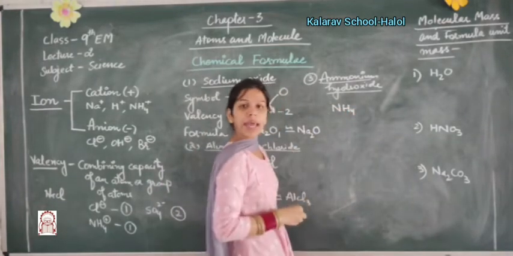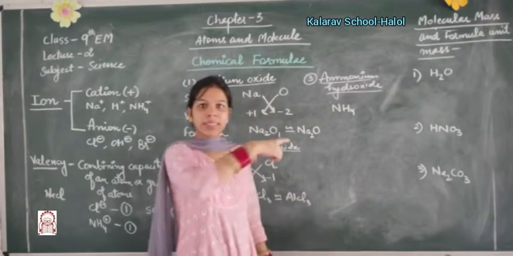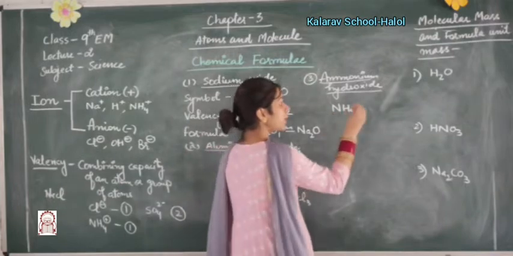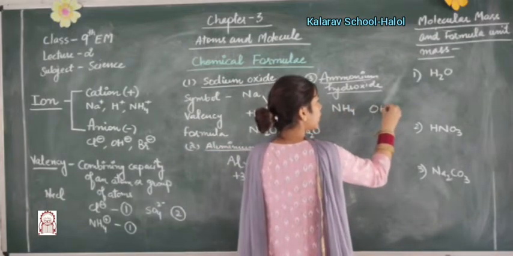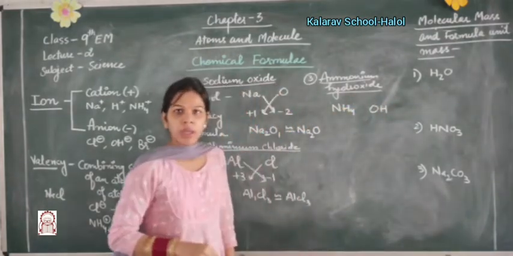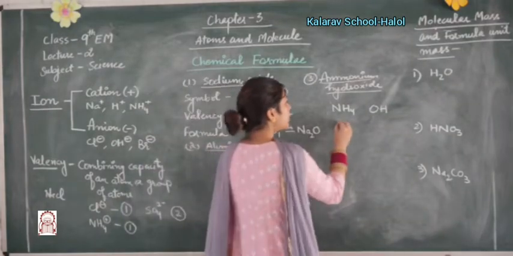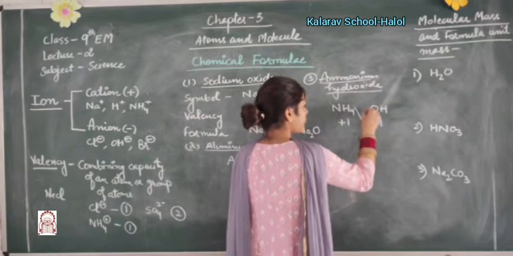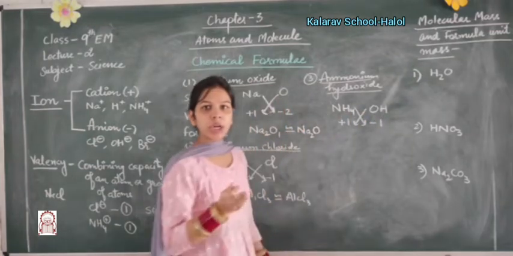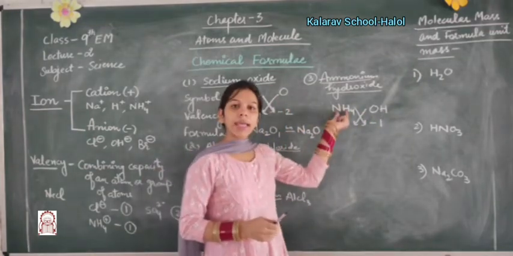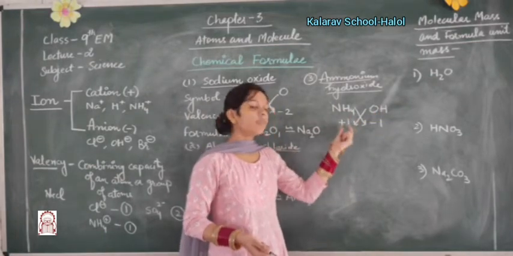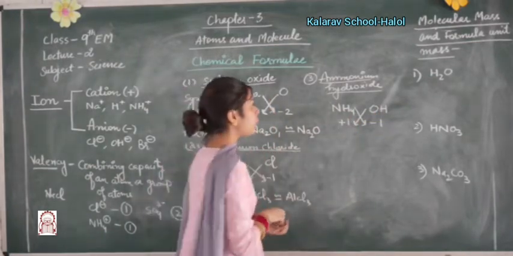Ammonium has the symbol NH4. You can search this symbol in the table in your book. Ammonium is NH4 and hydroxide is OH. The valency of ammonium is +1 and hydroxide is -1. Just crisscross, that is, this ion gets the valency of the opposite ion and that ion gets the valency of the opposite ion.